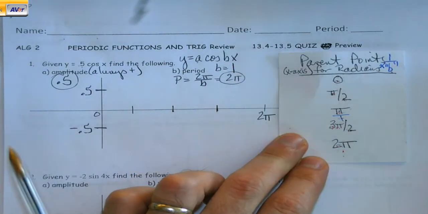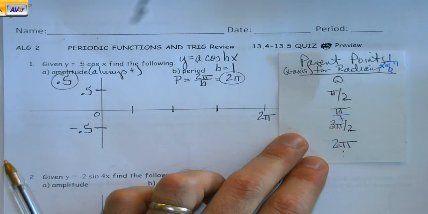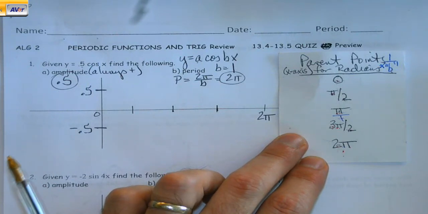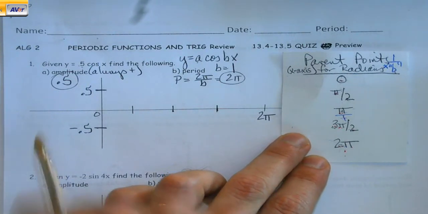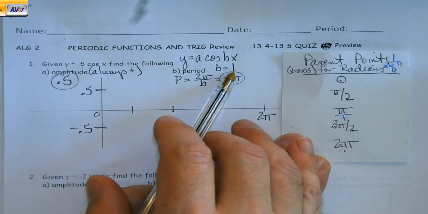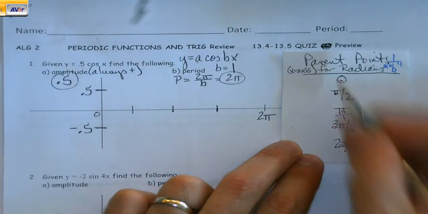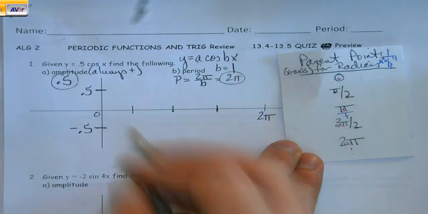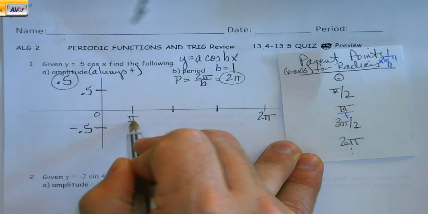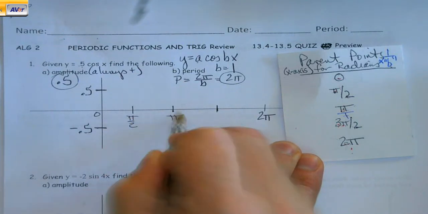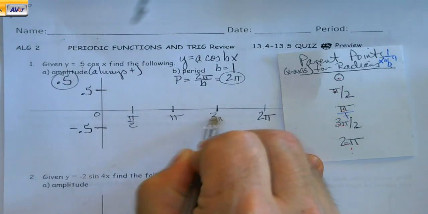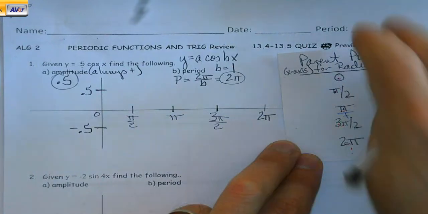But when you have 1 over 1, that really doesn't mean a whole lot, because 1 over 1 is just 1. So if my b value is 1, or if I don't see a number there, these are my points that I'm going to be using. So I'm going to be using pi over 2, pi, 3 pi over 2, and 2 pi. Nothing's changed.